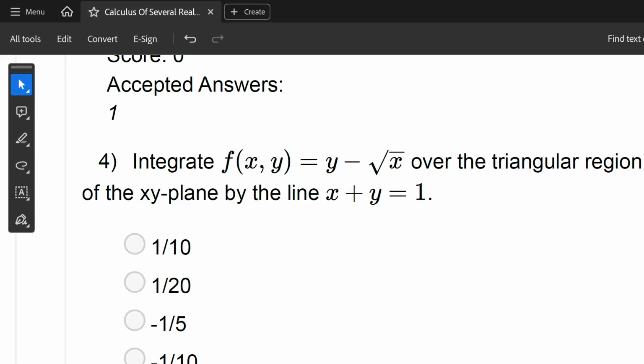So it is a triangular region. So x plus y equal to 1 means it is a straight line in the 2D plane, which cuts the x-axis at 1, 0 and the y-axis at 0, 1. Okay.